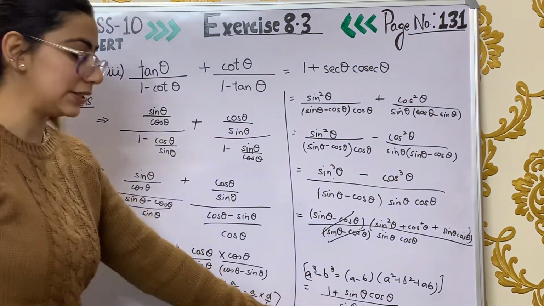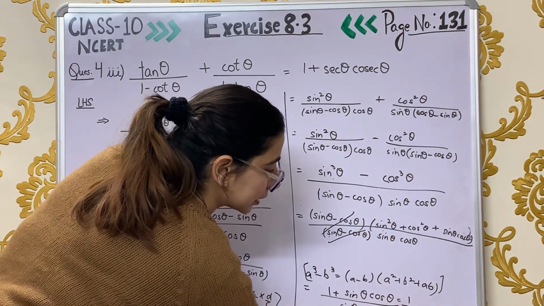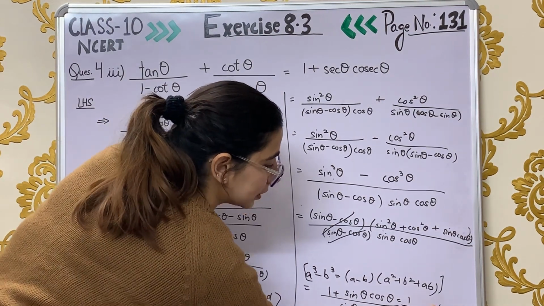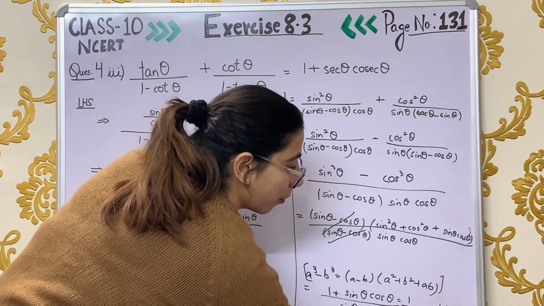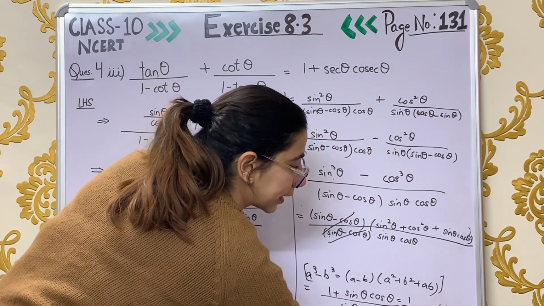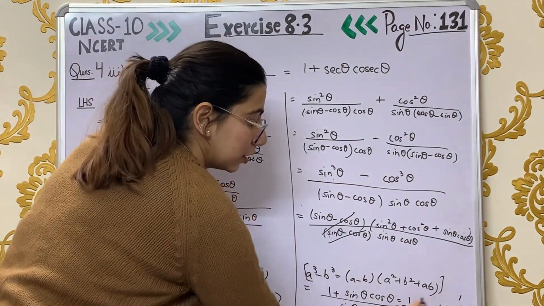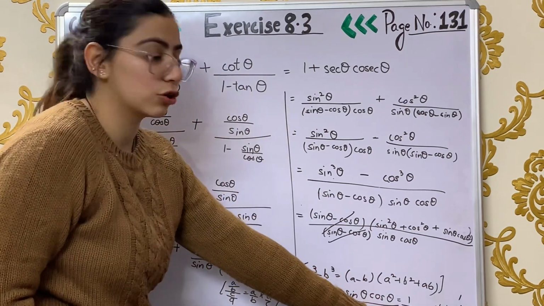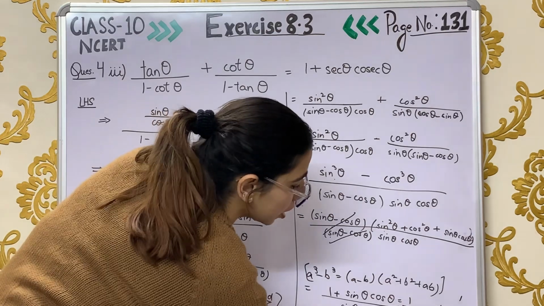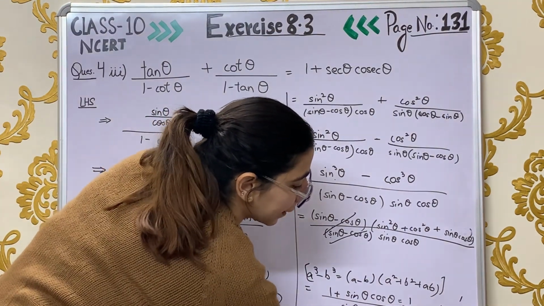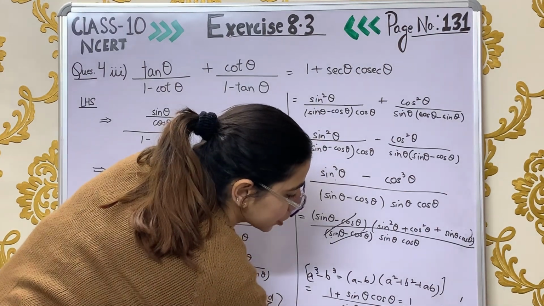Now when we separate these terms, we get 1 upon sin theta cos theta and sin theta cos theta upon sin theta cos theta, right? So this becomes 1 because it gets cancelled out, and now we separate this also. It's going to be 1 by sin theta into 1 by cos theta, and 1 by sin theta is cosecant theta, 1 by cos theta is secant theta, plus 1, and this is equal to our RHS.